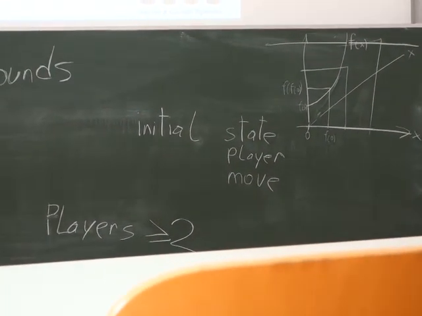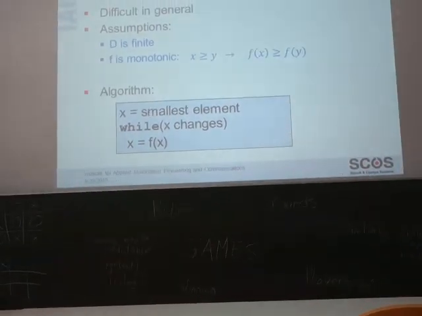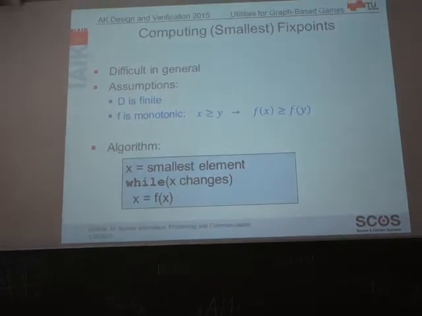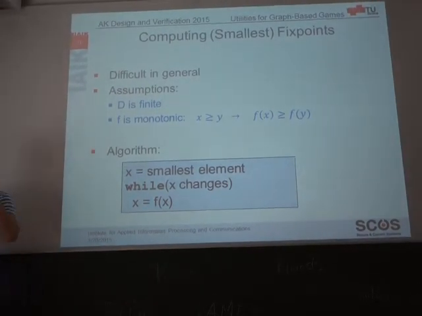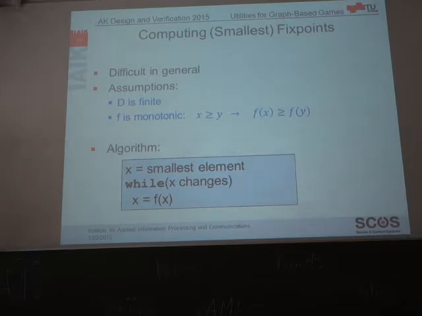Any other reasons why this algorithm could not work, or any arguments why it should work? Let's split a correctness argument for this algorithm in two parts. First part is, if it terminates, it produces a fixed point. Can we find some explanation why this is the case? So if this algorithm terminates, it will return a fixed point.